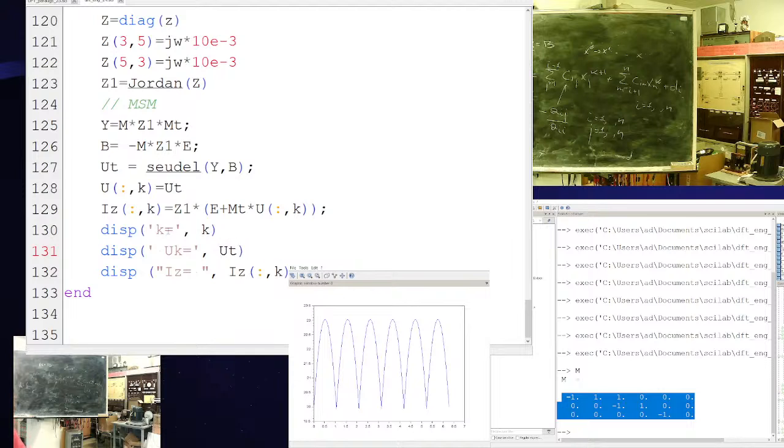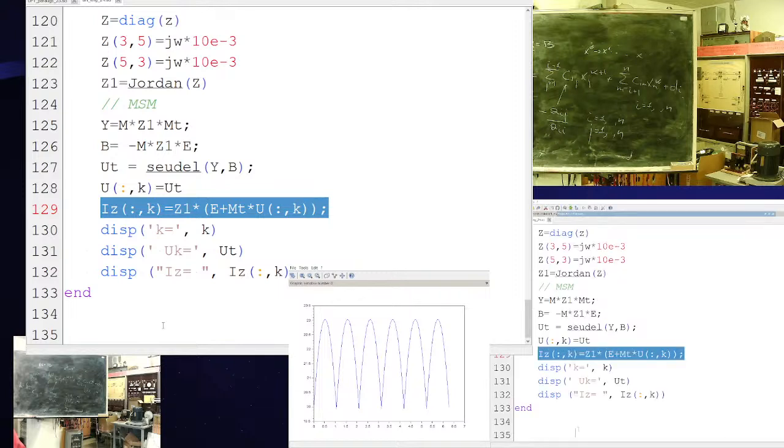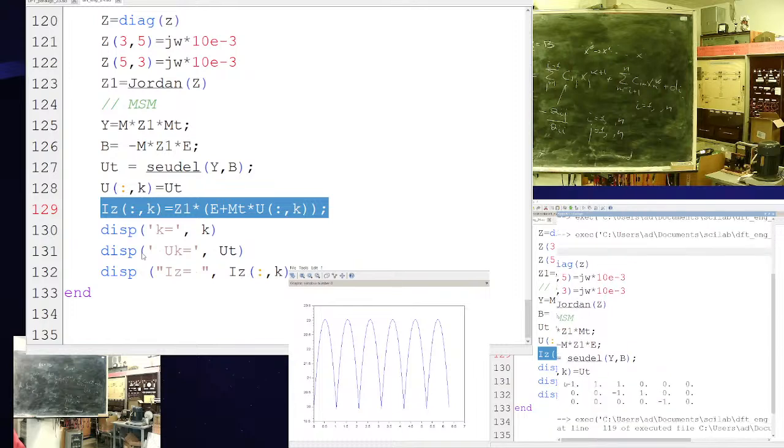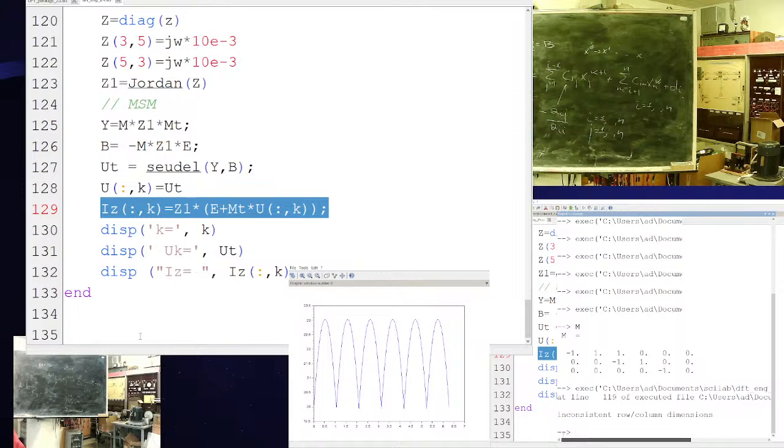Like this. Yeah, here is Ohm's law to get branch current. The result brings out branch current. Let's see, at this moment it should produce 70. Hey, come on, will you produce? Where's my console? Inconsistent row column dimension.